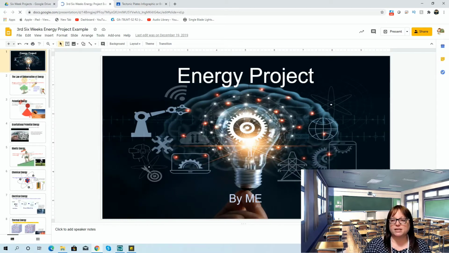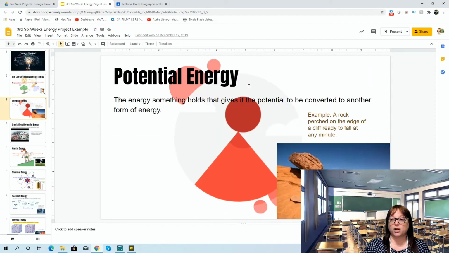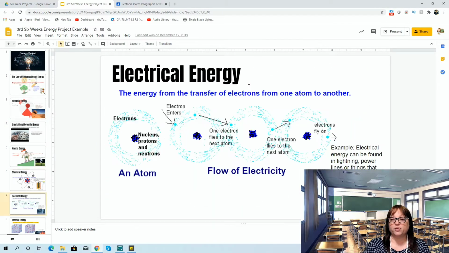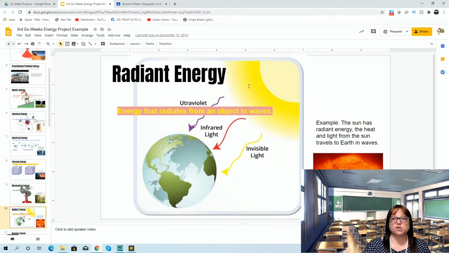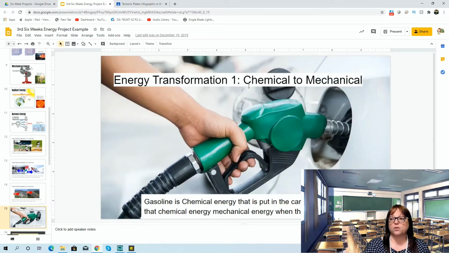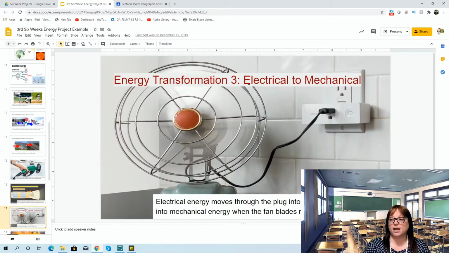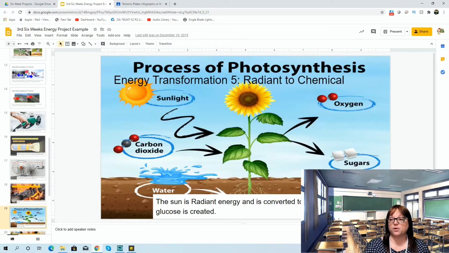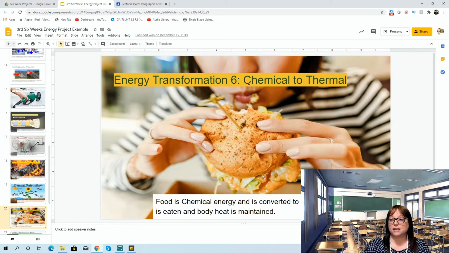What I do is, if it's a 6-week project, I give them 4 weeks to work on it. And then in the 5th week, I put up my example. So if they're struggling, they still have 2 weeks to use it. So chemical to mechanical, chemical to light, electrical to mechanical, chemical to thermal, radiant to chemical, and they're adding a picture. So they're visually seeing what it is.